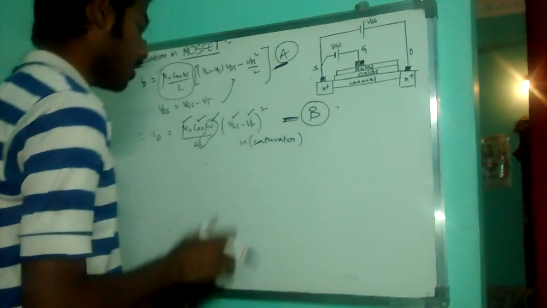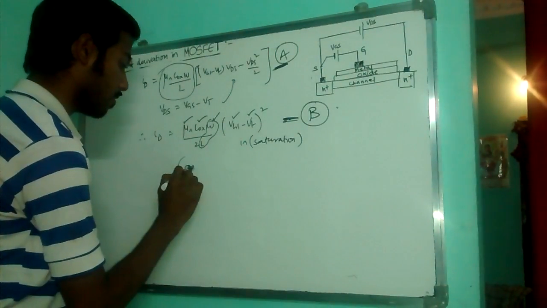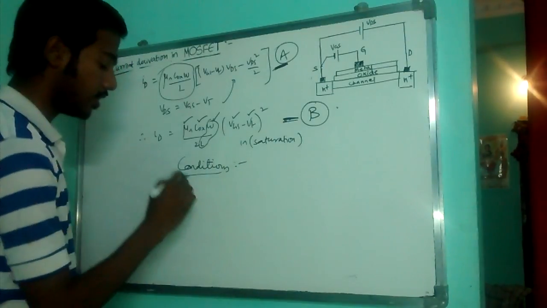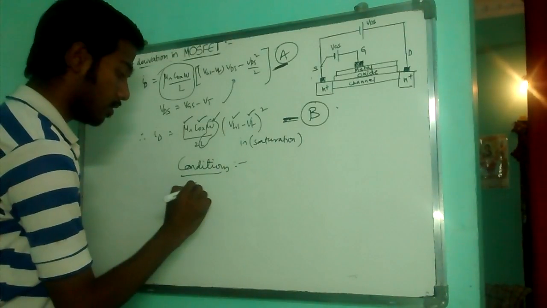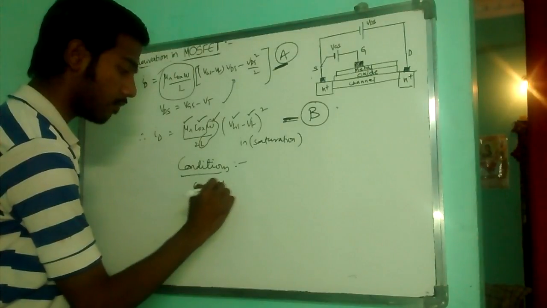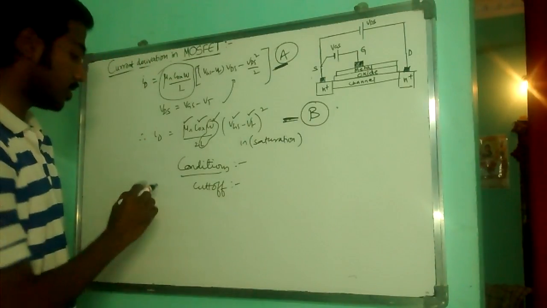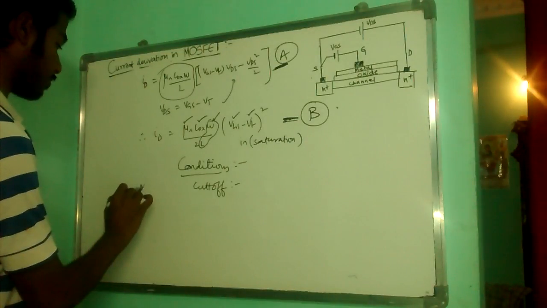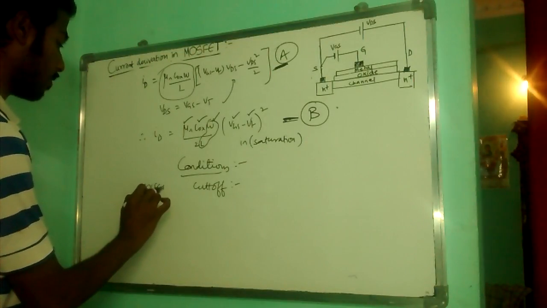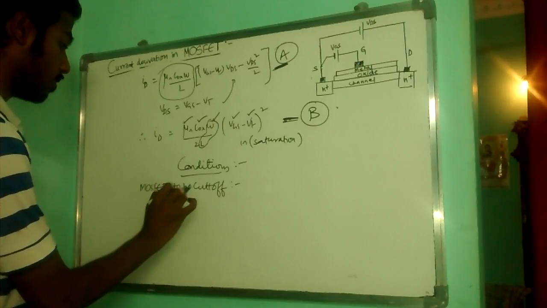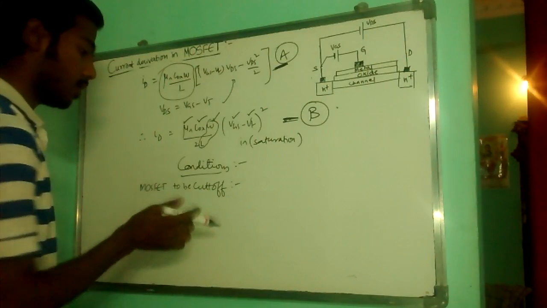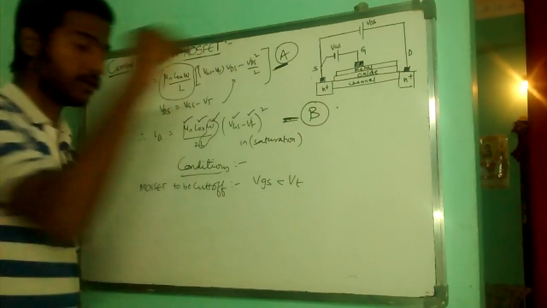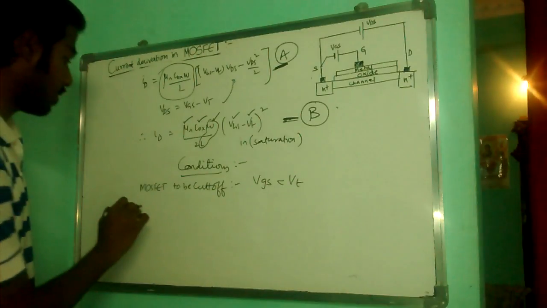So the conditions are: for the MOSFET to be in cutoff, VGS should be less than VT, the threshold voltage.